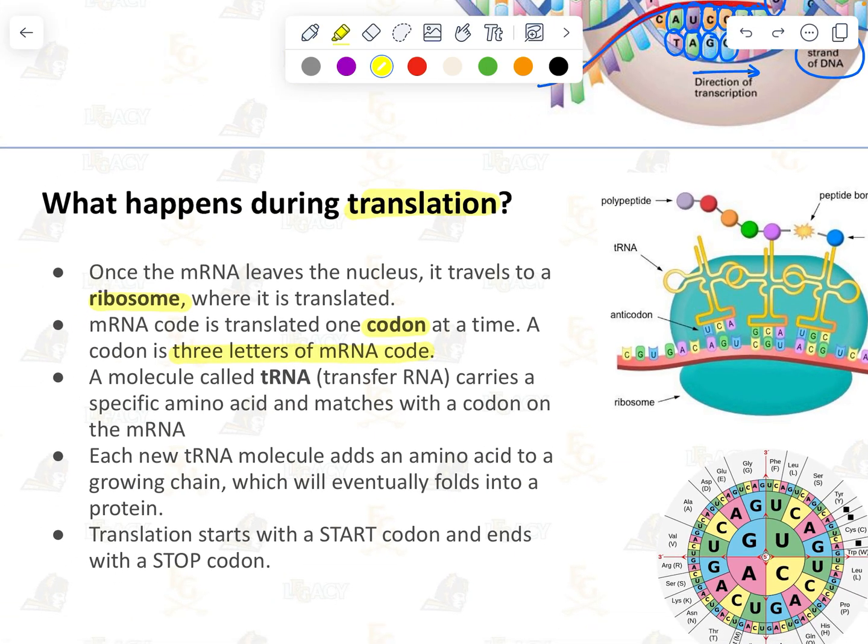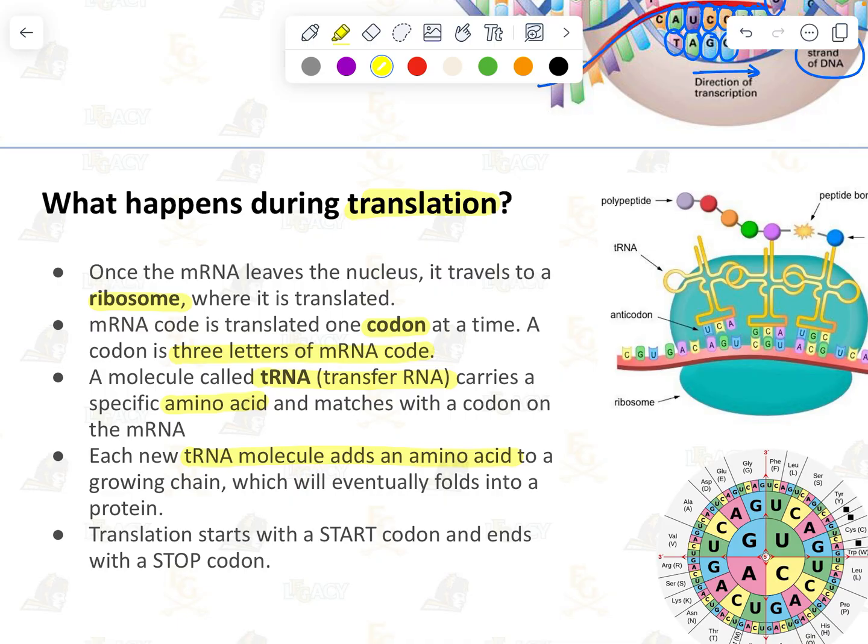A molecule called tRNA, transfer RNA, carries a specific amino acid, those are the building blocks of proteins, and matches the tRNAs with a codon on the mRNA. Each new tRNA molecule adds an amino acid to a growing chain, which will eventually fold into a protein.